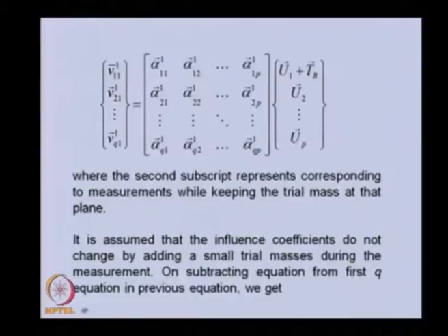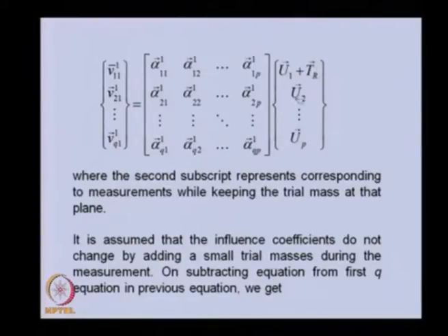So this is the equation of the previous one, a relation in which we related the response with the unbalanced force and the influence coefficient. The only difference here is that we are keeping an additional trial mass in plane 1.